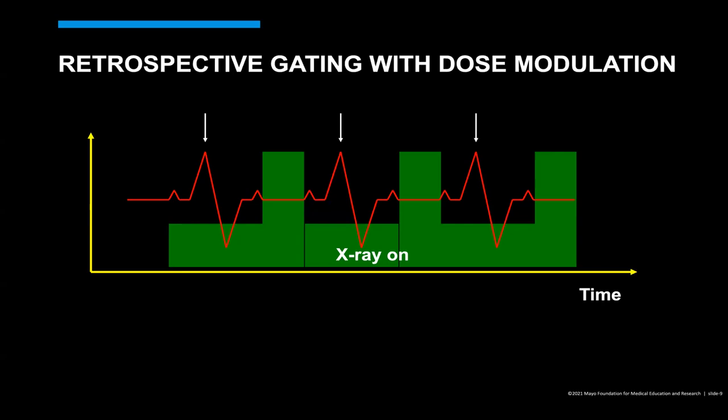Okay, so I hope that's a very quick overview of how we would perform prospective triggering and retrospective gating. You might see a question related to that in the cardiac portion of your exam.